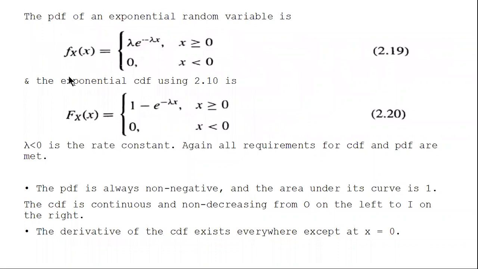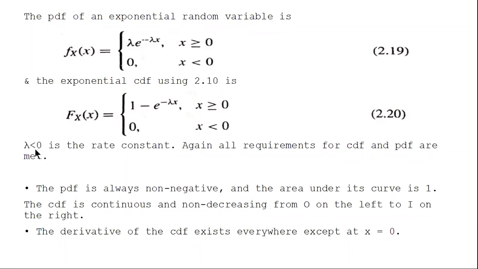So the expressions can be written like this: f_X(x) is equal to lambda e to the power of minus lambda x for x greater than or equal to 0, and 0 for x less than 0. And the exponential CDF using 2.10, which means integration of this dx from minus infinity to the x value, will give us this value: F_X(x) is equal to 1 minus e to the power of minus lambda x for x greater than or equal to 0, and 0 for x less than 0, where lambda is the rate constant.